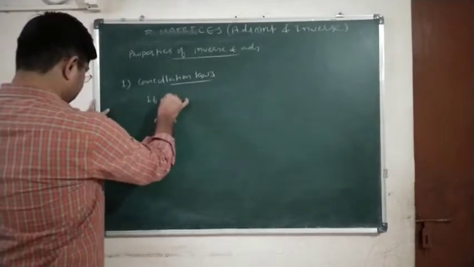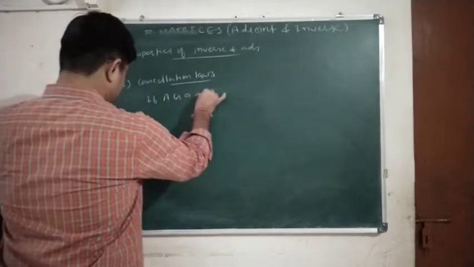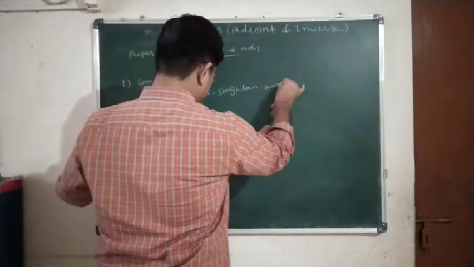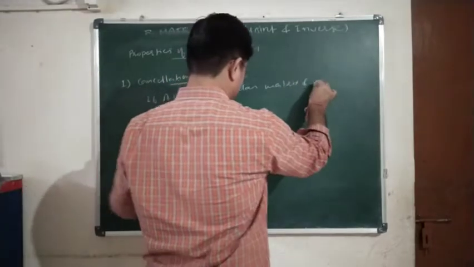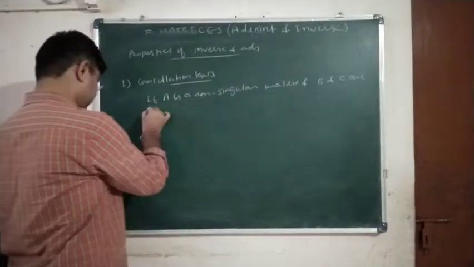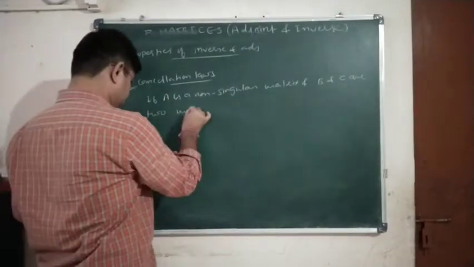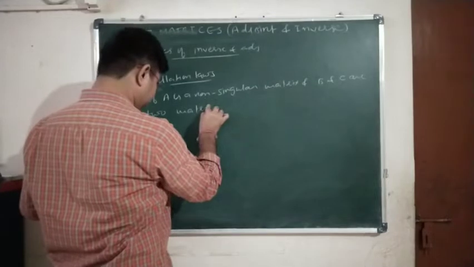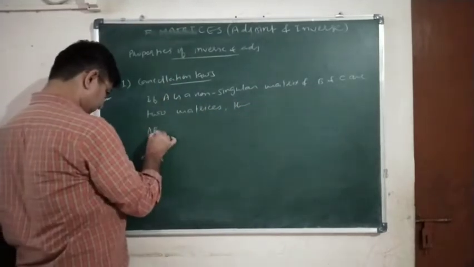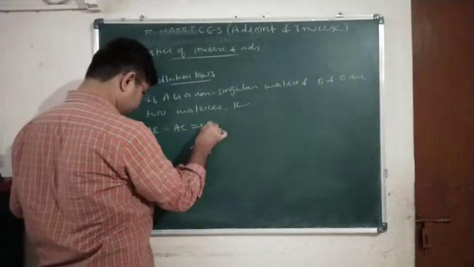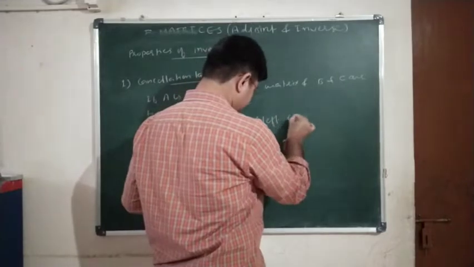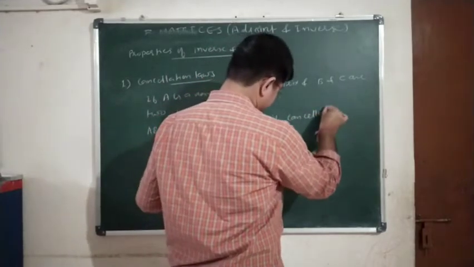If A is a non-singular matrix and B and C are two different matrices, then AB is equal to AC implies B is equal to C. Left cancellation law.